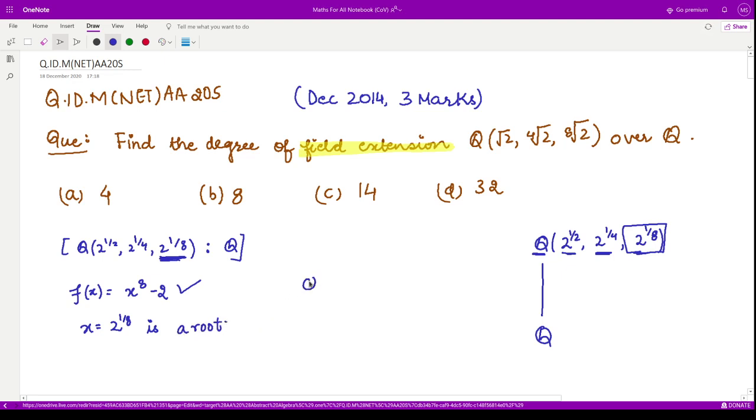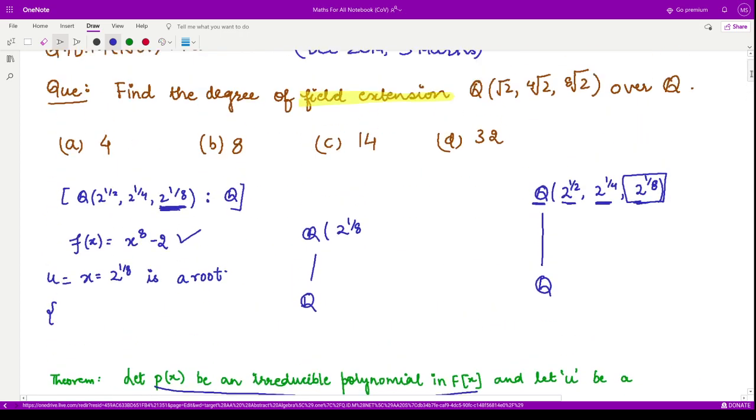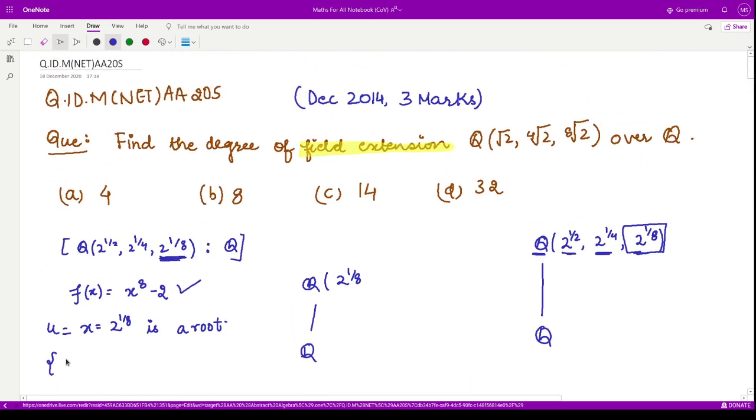So when you adjoin this particular element 2 to the power 1/8 to this field of rational numbers, what do you get? You basically have a basis set here. This is u according to the theorem. And what is the degree of this polynomial p(x)? In our case it is 8. So our basis set would be 1, u, u squared, up to u raised to power n minus 1, that is 7.